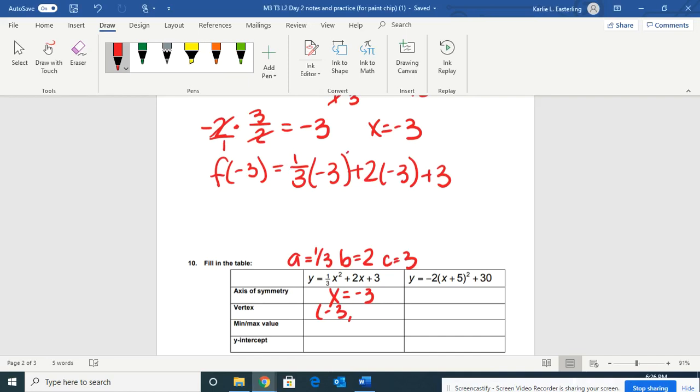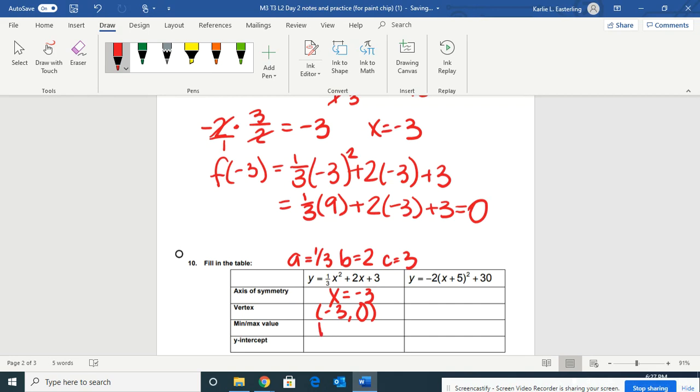Oh, don't forget your squared here, because remember we have to square that negative 3 first. We have to do our exponents first, and negative 3 squared is positive 9, because negative 3 times negative 3. Then plus 2 times negative 3 plus 3. You can pop this in your calculator if you would like, or you can do the math yourself. If we do the math ourselves, we should get that this value is 0. So our vertex is at negative 3, 0.